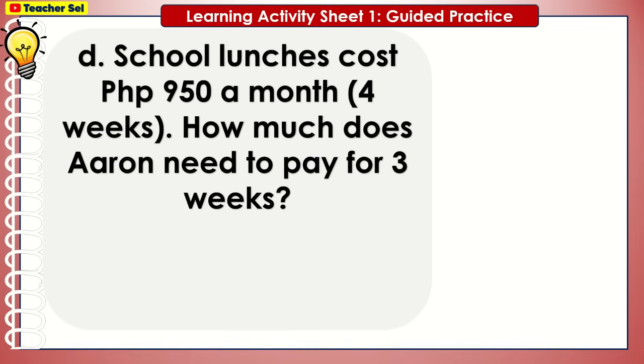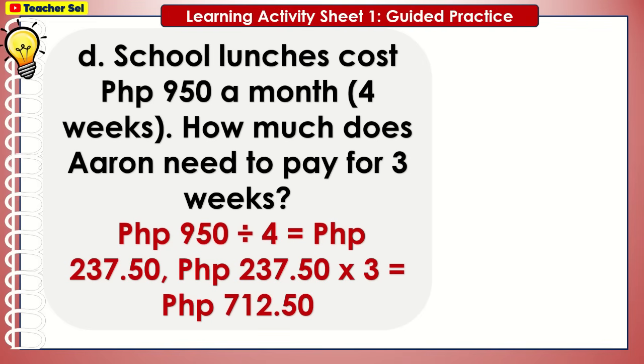School lunches cost 950 pesos a month, 4 weeks. How much does Aaron need to pay for 3 weeks? 950 pesos divided by 4 is equal to 237 pesos and 50 centavos. 237 pesos and 50 centavos times 3 equals 712 pesos and 50 centavos.